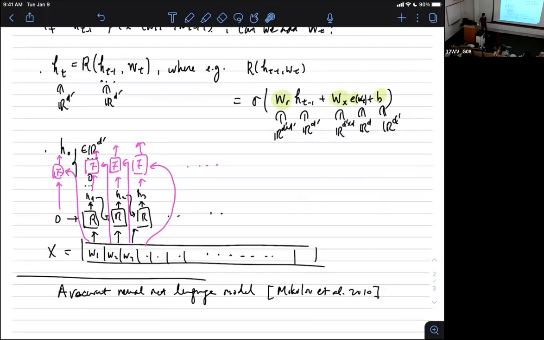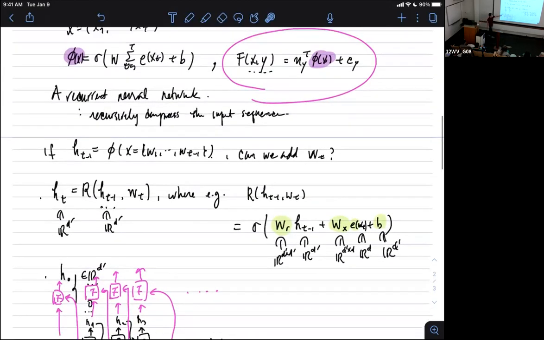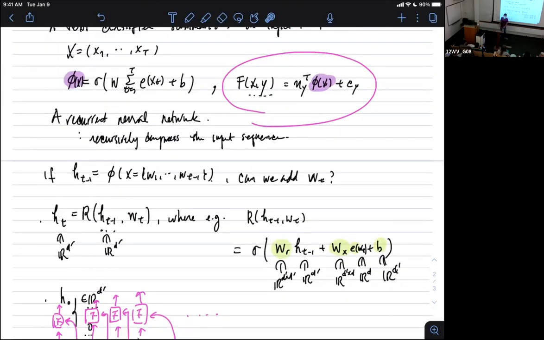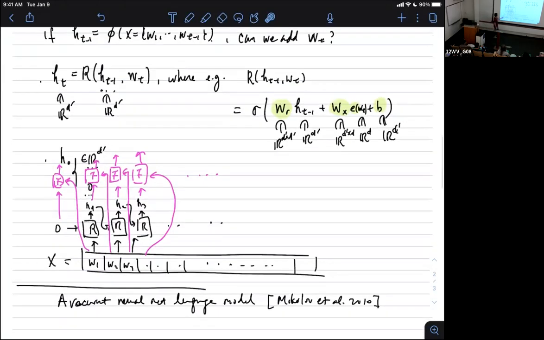The only question you might ask is this: let's say WR, WX, as well as all these class embeddings, the UYs and CYs, are shared. They are used at every layer. So what is the right way to compute the gradient of them?